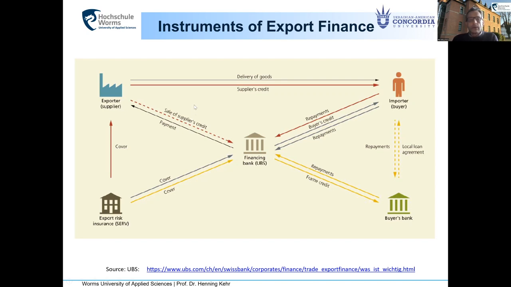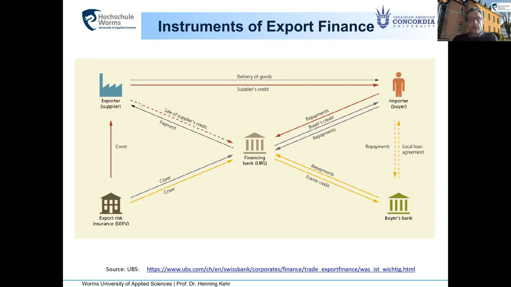Now, the supplier, the exporter, sends the goods to the importer without any payment in advance, without payment. Therefore, it's called a supplier's credit. Look, the red line on the top. And then it's possible that the financing bank is doing the credit line for the exporter.